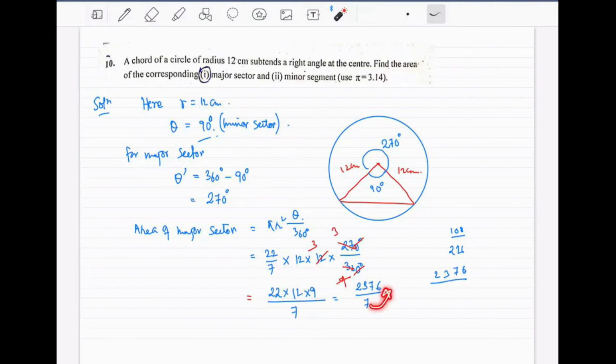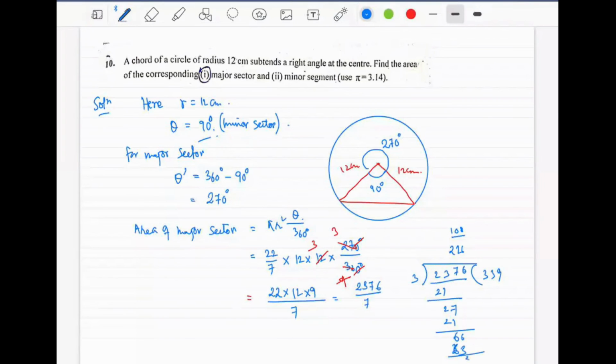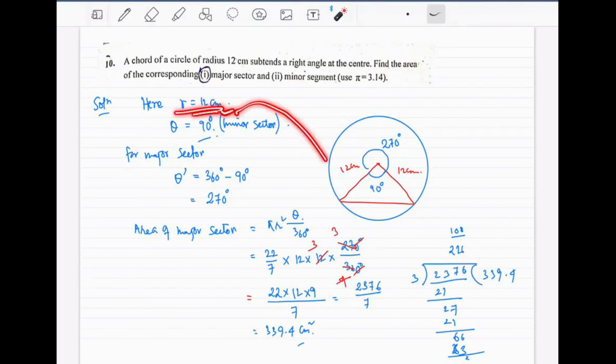And then you divide this by 7. 7 3s are 21. 7 3s are 21 again. 7 9s are 63. 7 4s are 28. So we will put 339.4 centimeters square. Since the radius is given in centimeter, the area will be in centimeter square.